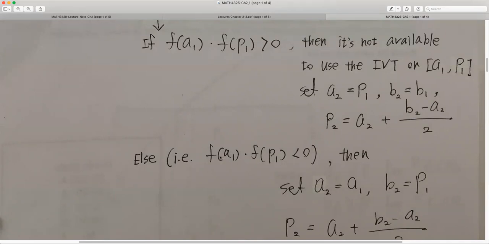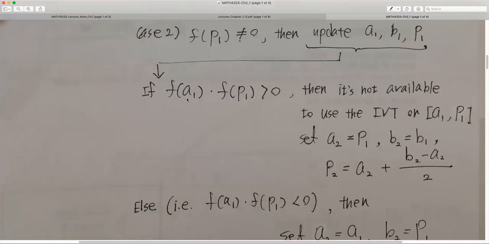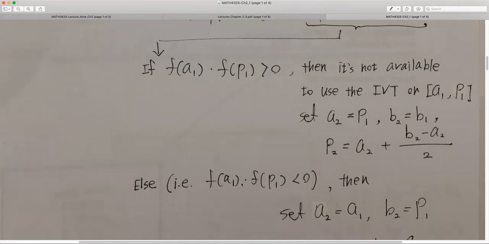I think I made that confused. So it means the sign of f(a1) and f(p1) are the same: negative, negative, or positive, positive. In the other case, f(a1) times f(p1) is less than 0, so negative, positive, or positive, negative. We can think about two cases.